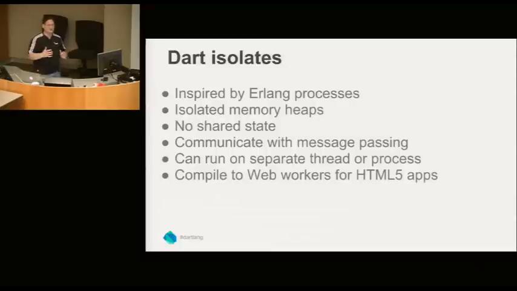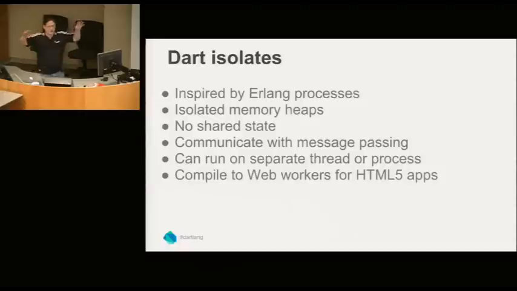In a certain sense, they're like Unix processes. Unix processes are completely isolated from one another, and the only way they can talk is via message passing of some sort, like TCP or Unix sockets. Isolates are the same way. In Java, you have shared state, and you have to protect it with locks. Then you have race conditions, and someone forgets to do the lock right, and that's not how it works in Dart.